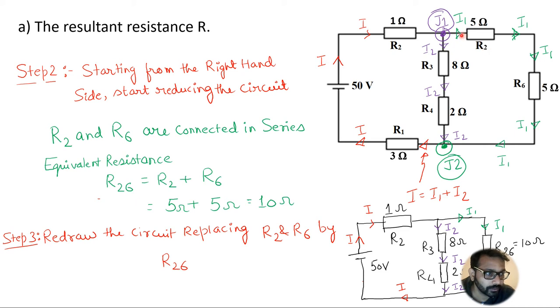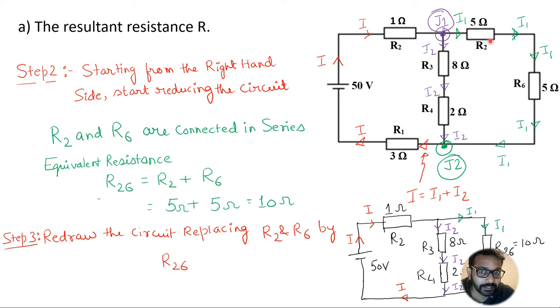As I have traced the current, this current in green, which is I1, is flowing through R2 and R6. So the same current is flowing through R2 and R6.